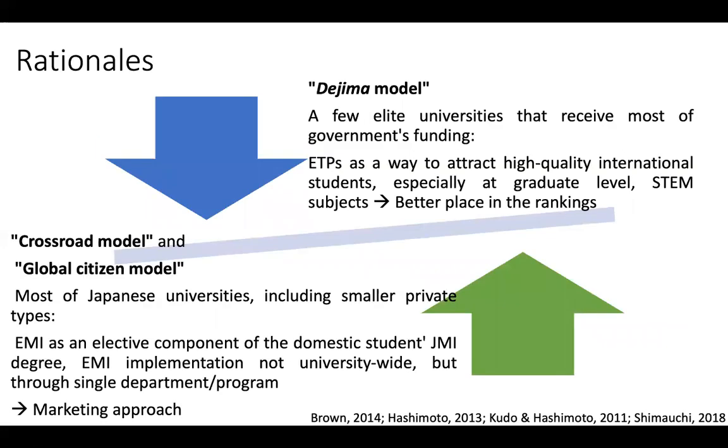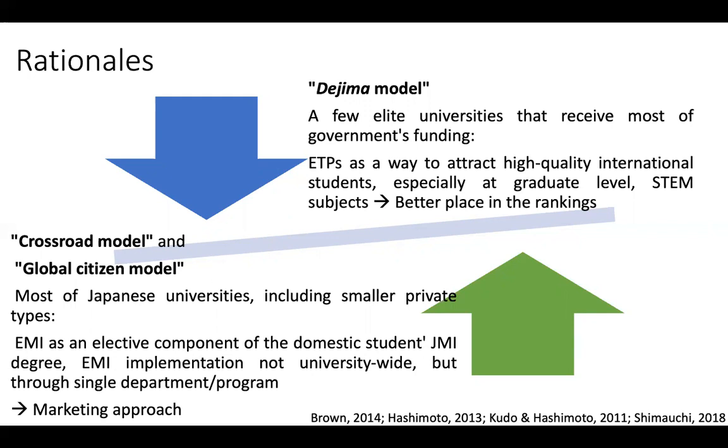And this figure shows different rationales for implementing EMI or ETPs in Japanese higher education. In Japanese higher education's highly diversified structure, we can see different models. These models, the Dejima model, Crossroad model and Global Citizen model, are basically based on Shimauchi's study.